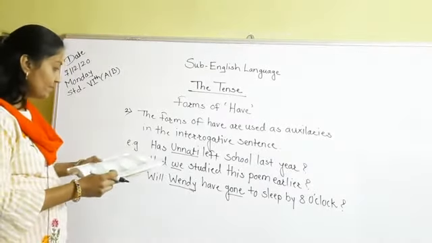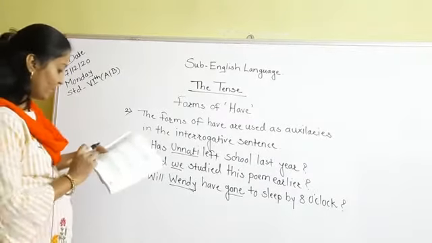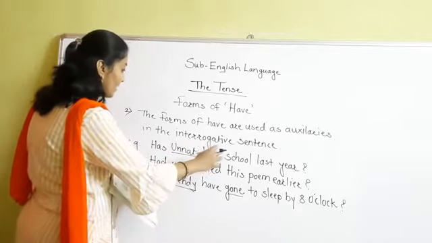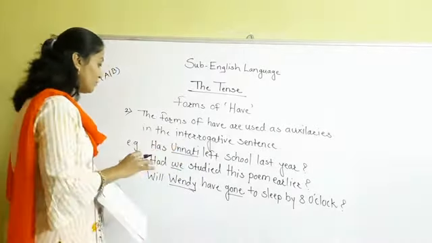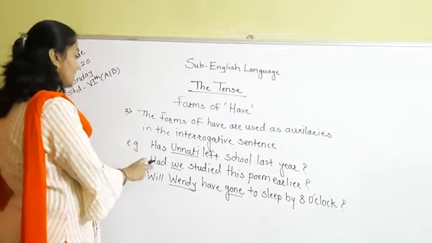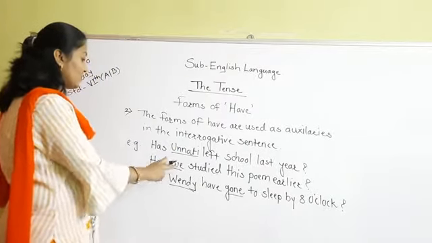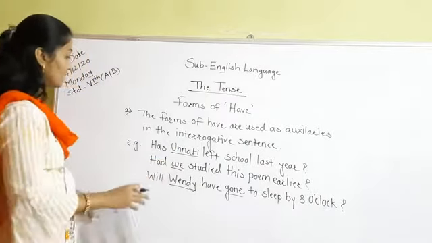If you have noticed, we have used has plus the subject, that is Unnati, and we have used left, and then we have written the remaining sentence and given the question mark. Then in the second sentence we have used had plus subject plus studied and the remaining sentence, and then given a question mark at the end.